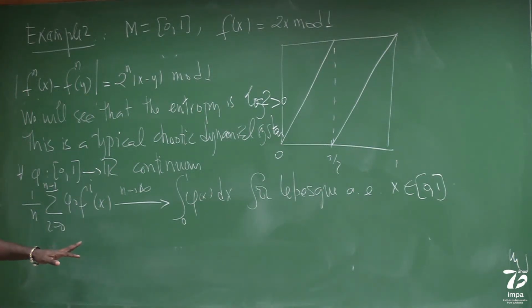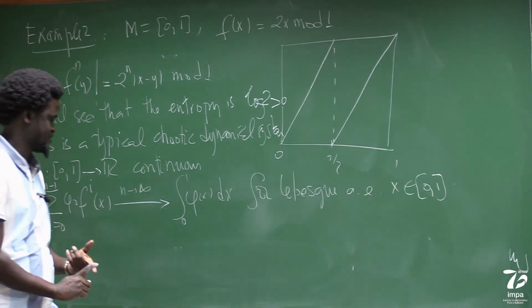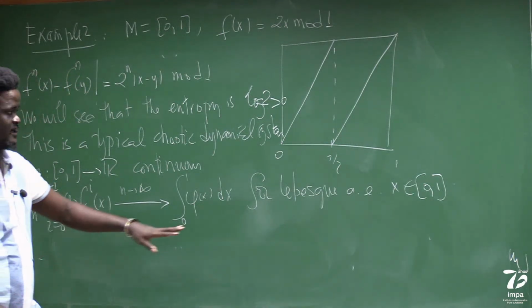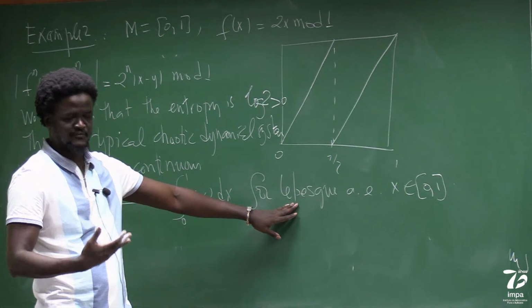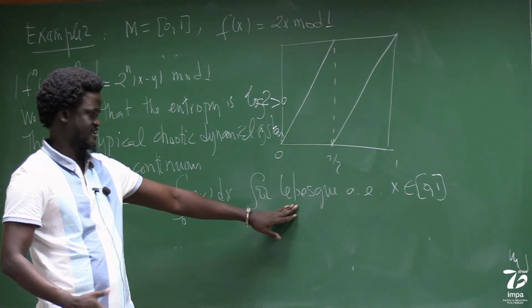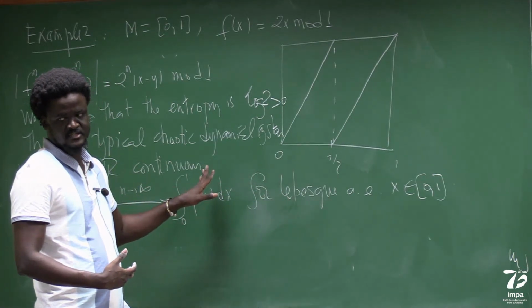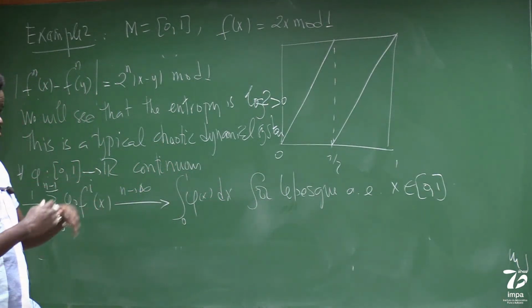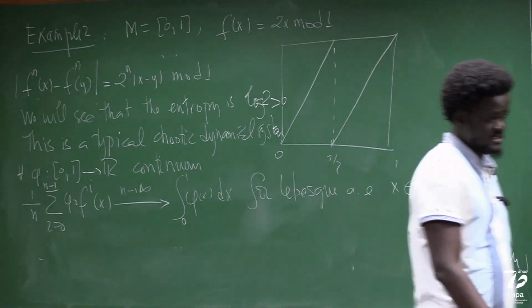So this is the Birkhoff ergodic theorem, which uses the fact that Lebesgue is a meaningful measure, meaning it is an invariant measure, and also it is ergodic with respect to this dynamical system. So those are things that we will see.